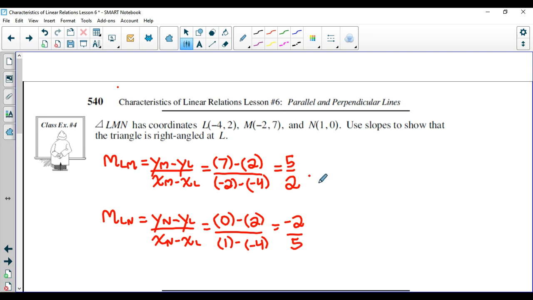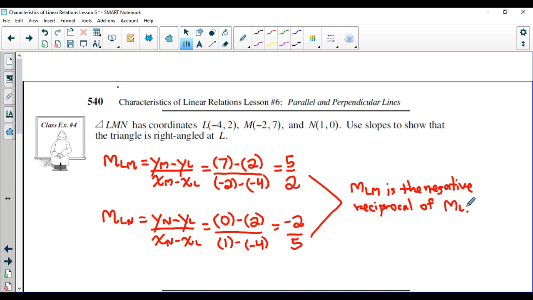Okay, and what I can notice immediately is that the slope of LM is the negative reciprocal of the slope of LN.